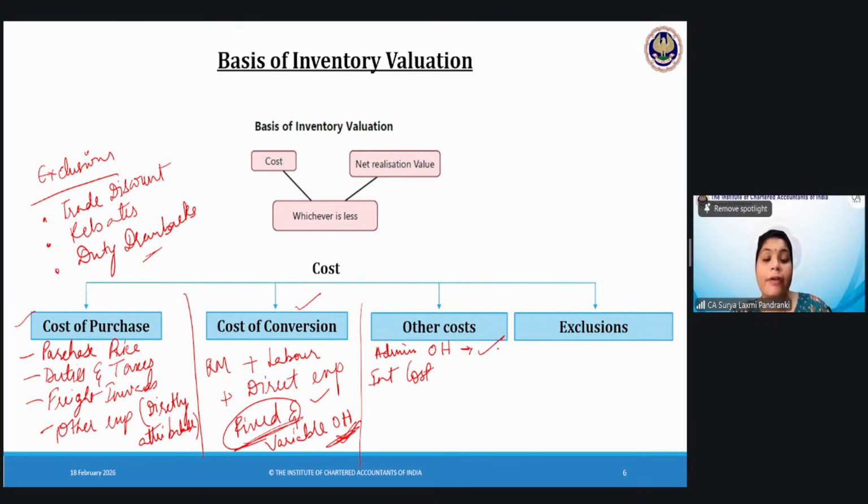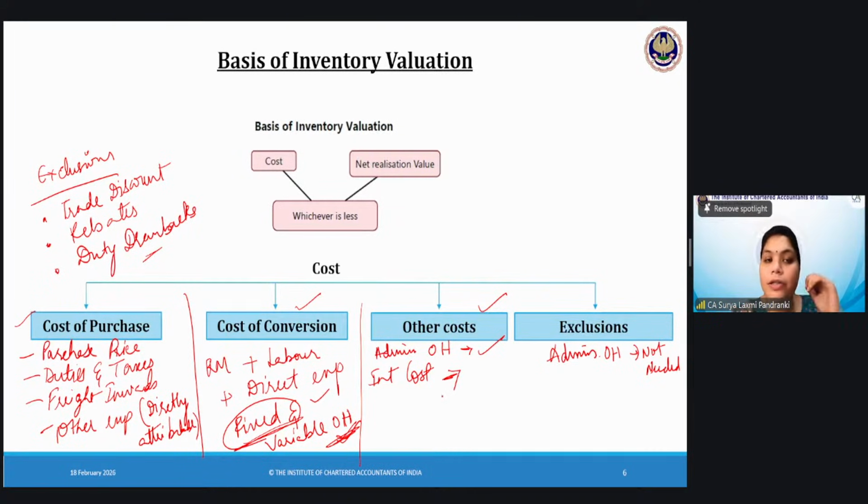If it is needed to bring it to your location, if not, then you won't add it. So all those will come under here. Admin overhead costs which are not needed to bring the product to your location will come under your exclusions. You have to remove them. You can't add them. Only admin overhead costs that are required to bring the product to your location, add them under other cost. Any other expenses or any other admin costs, you will have to exclude them, right?